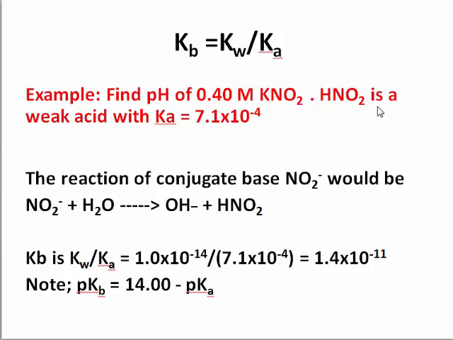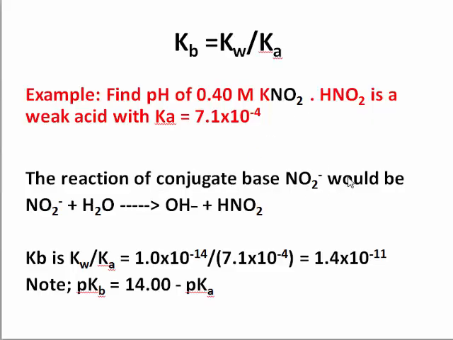Here the problem reminds you nitrous acid is a weak acid and provides you with Ka. Okay, here nitrous acid is the weak acid, and nitrite, the conjugate base, is what we have in solution.